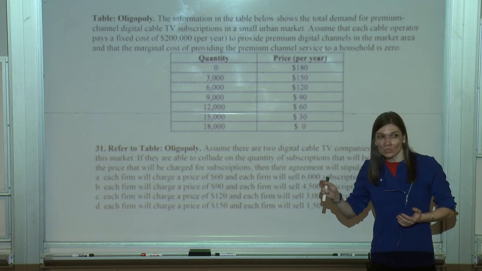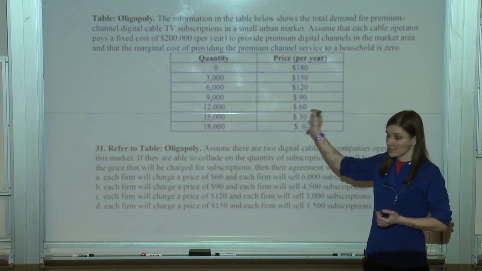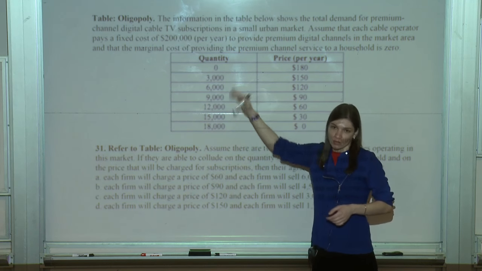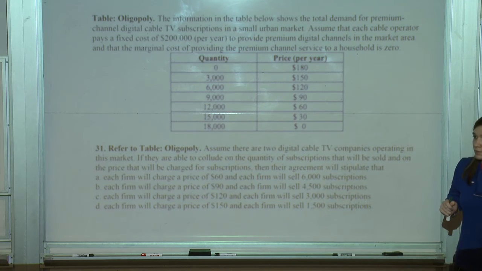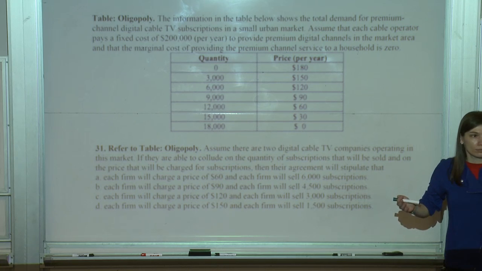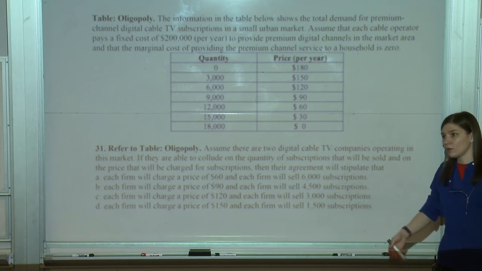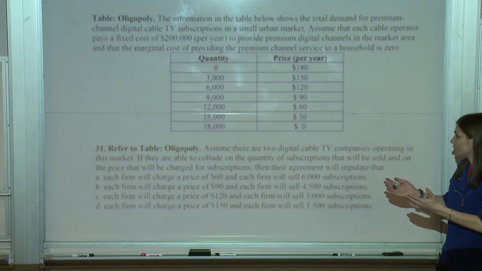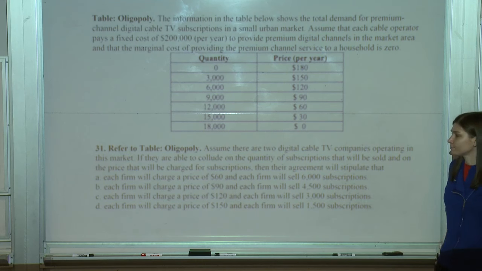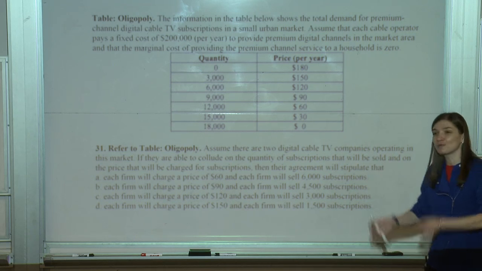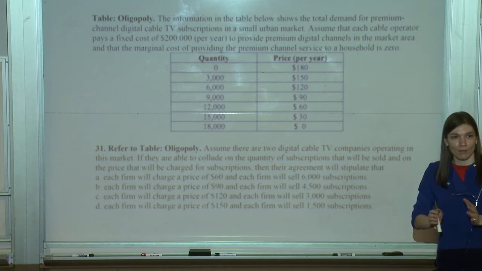So what they're going to do is choose a quantity and price. Well, quantity corresponds to a price, so they're going to choose the quantity and price that maximizes total profits, just like a monopolist would do, right? A monopolist is just one firm, so they care only about their own profits, put it that way, all right?